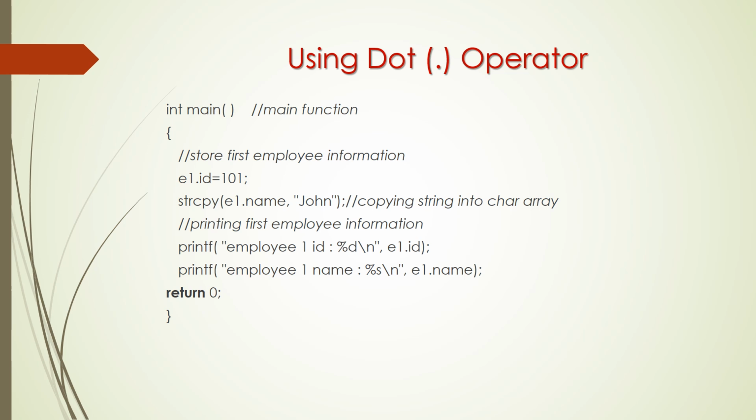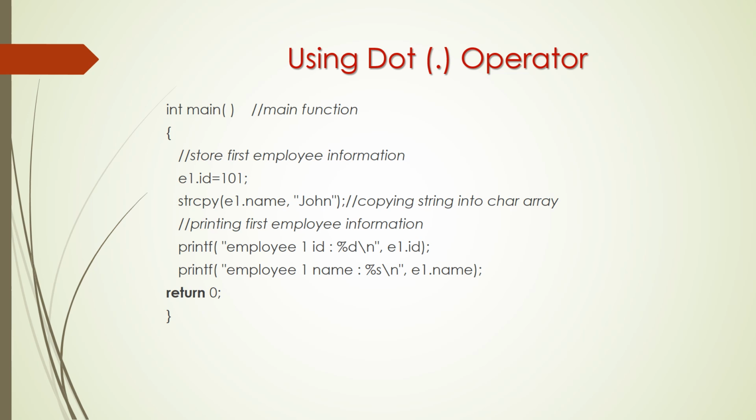Next comes the printf statement. We use the dot operator to access and print the structure members, and %d is used for integer to print the value of employee ID. %s is used for strings to print the value of employee name.